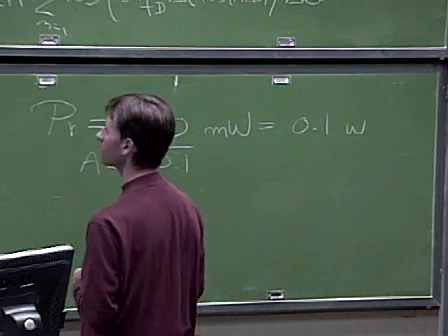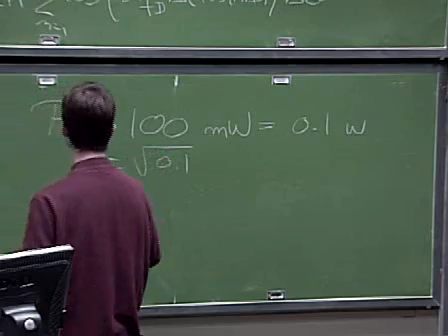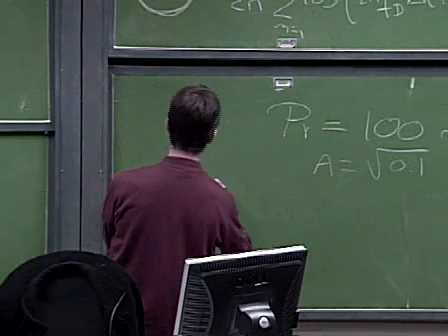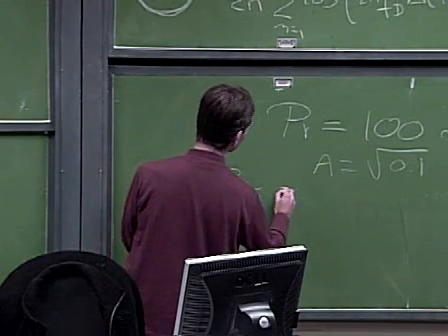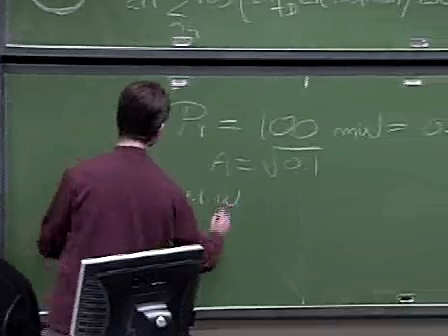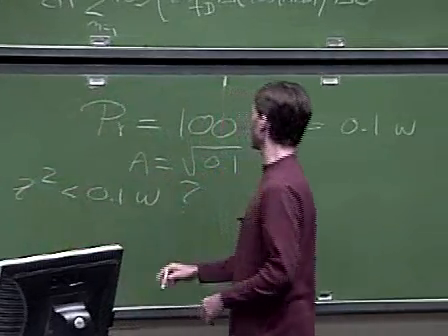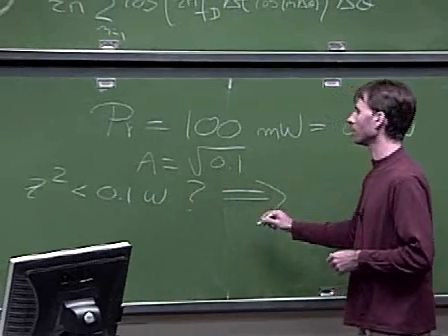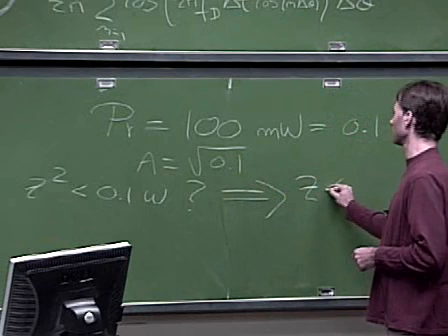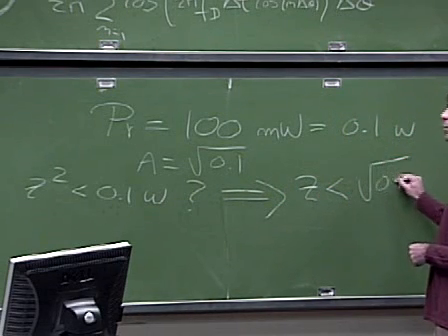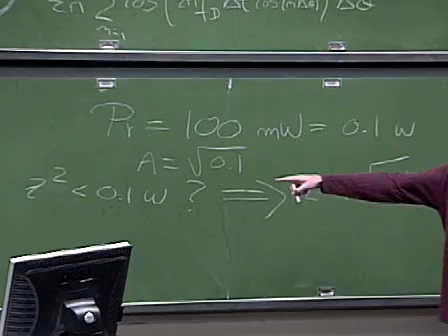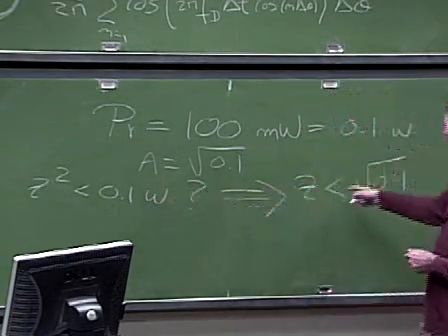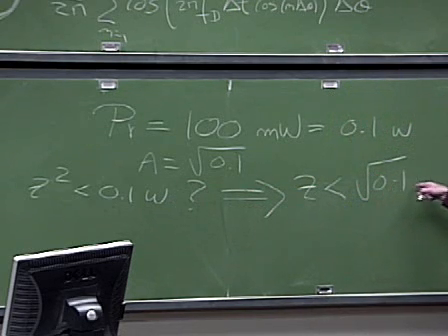If I want to ask the question, how often is the received power, let's call it z squared, less than 0.1 watts? Okay, so this is our question. We can formulate a similar question saying, how often is z less than the square root of 0.1?